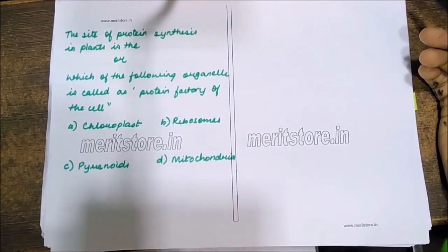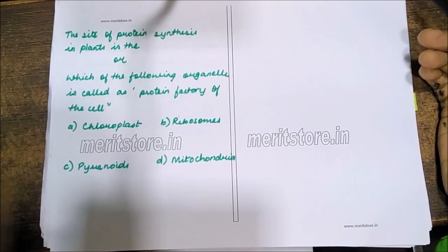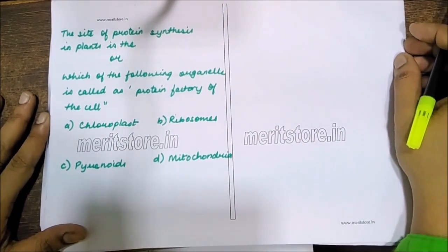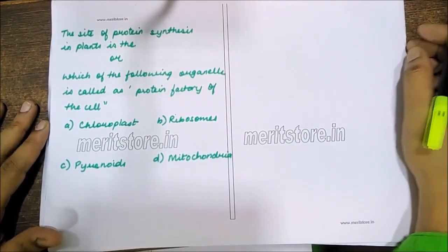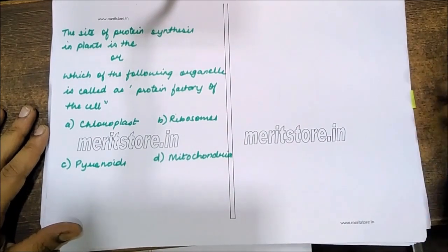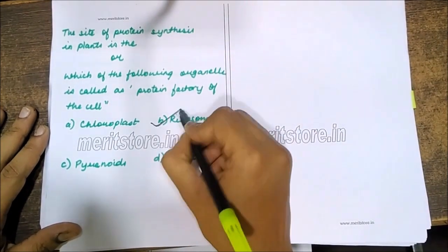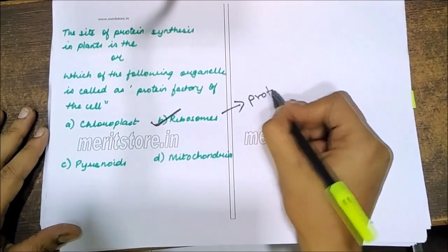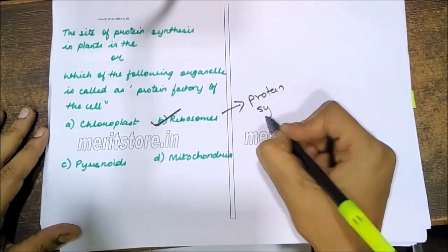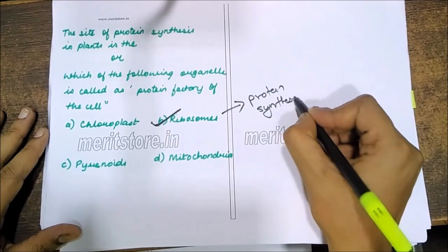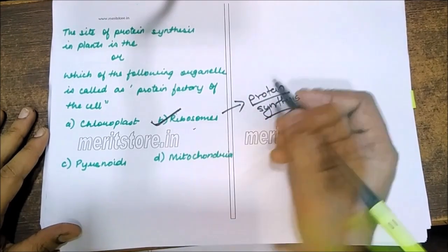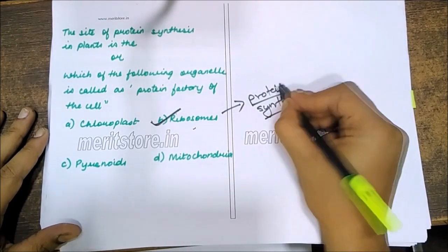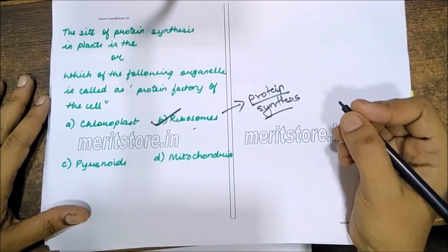the site of protein synthesis in plant, or which of the following organelles is called the protein factory of the cell? Protein factory. See, we all know ribosomes are responsible for protein synthesis. It is ribosomes where synthesis of protein takes place, right?